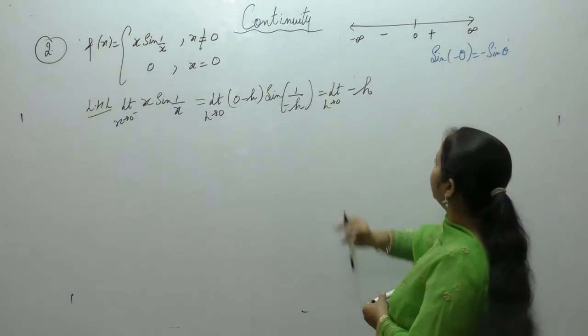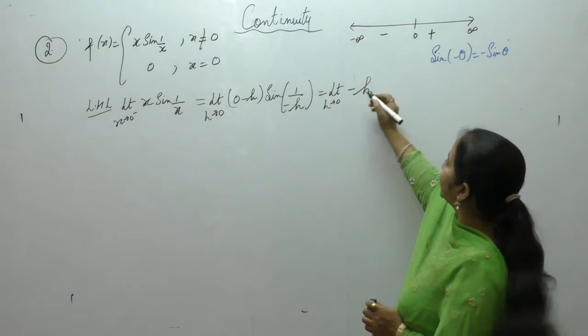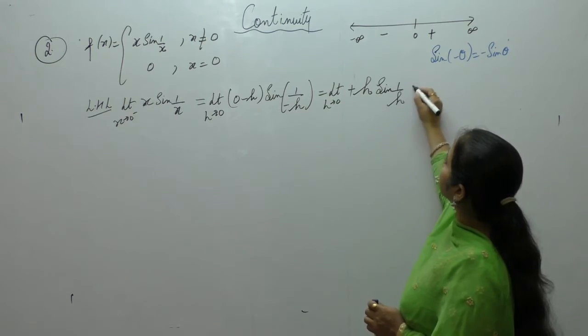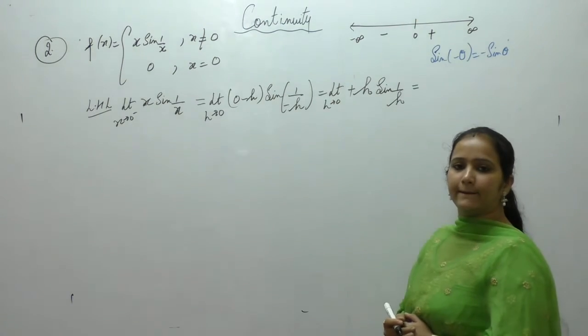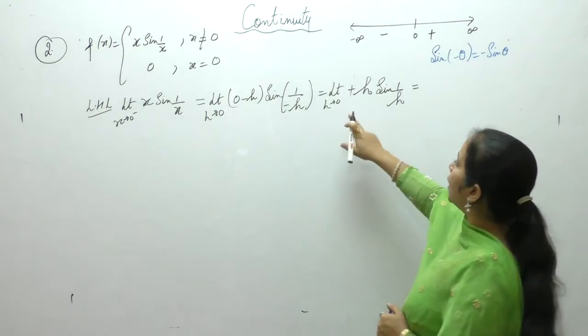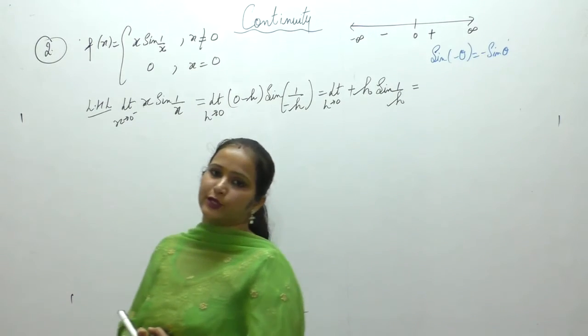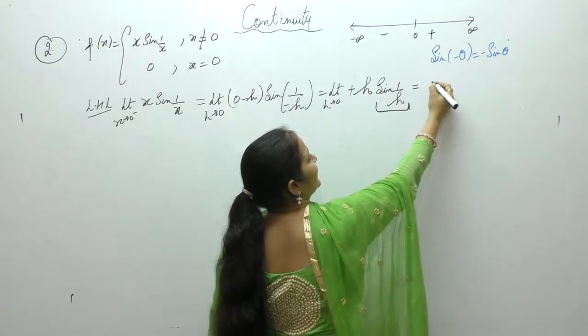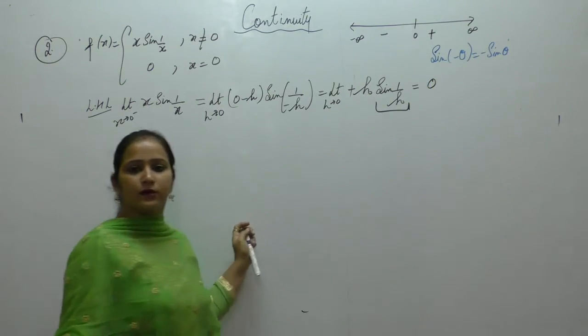So put this value here. Sine of minus theta is minus sine theta. So here we put the value 1 upon minus h. Clear? Now limit h tends to 0, h into sine is 0, 0 into sine this will be 0.